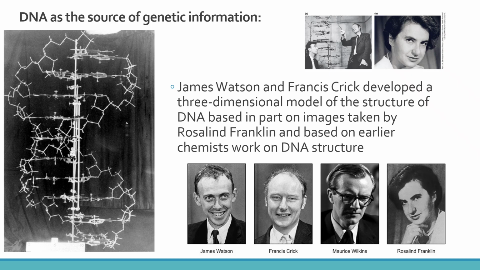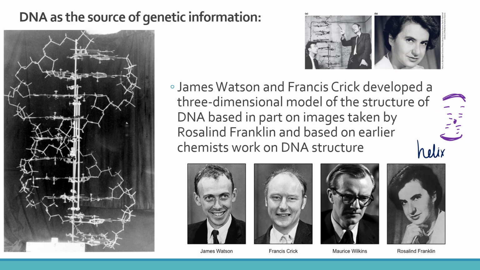They looked at that photo and recognized that the X shape in the center, kind of shaped like this, and then a little dot in the middle, indicated a helix.